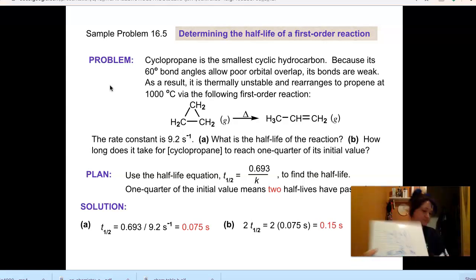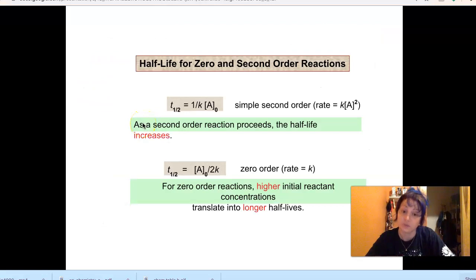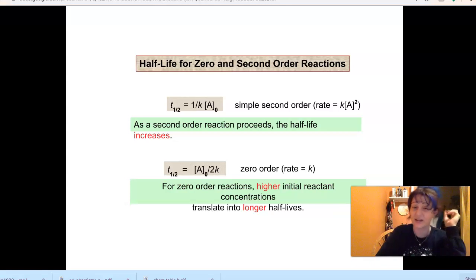All right, so a little bit of algebra, a little bit of plug and chug. Again, these are pretty simple equations, nothing that you need to memorize. These will be given to you. You don't generally have to worry about the half-life for 0-order and 2nd-order reactions because they change through time.